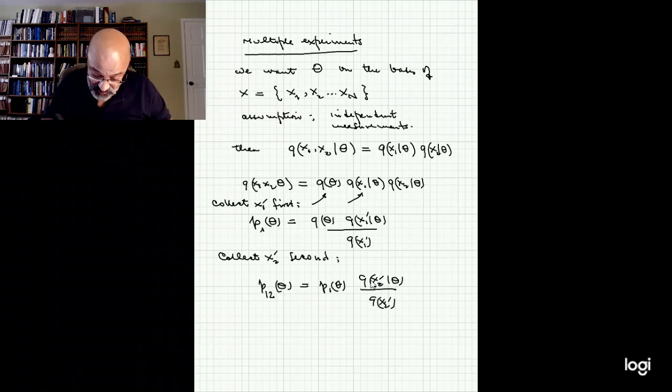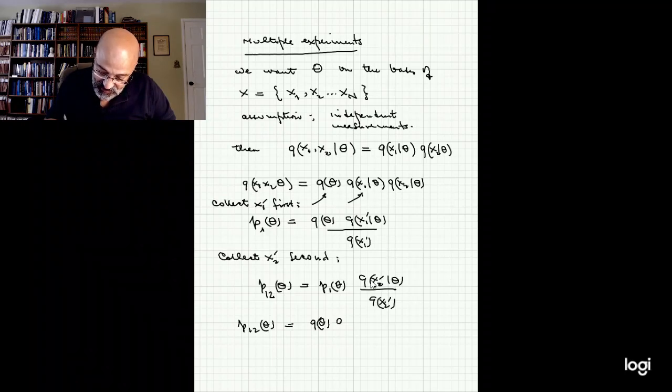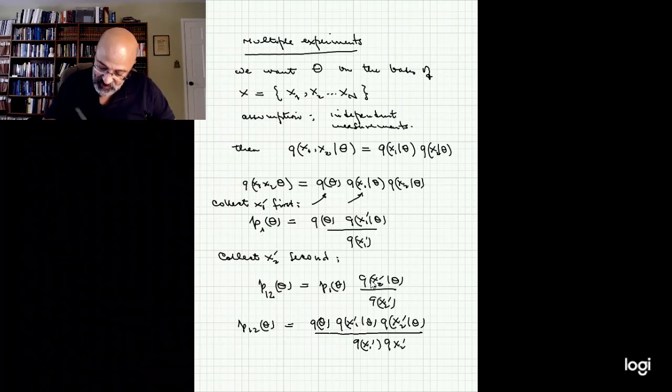You update again. So now what is the total updating? You started with q theta, updated with q x1 theta, and then you update with q x2 theta, and then you have these terms here, which are q x1 prime, q x2 prime.